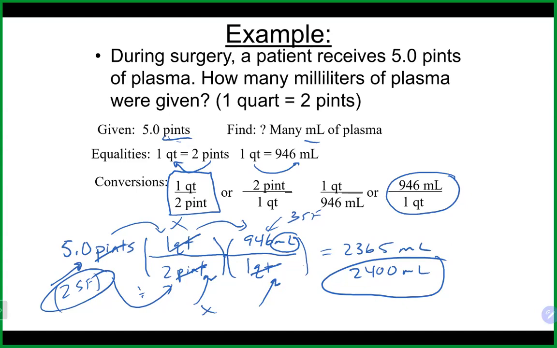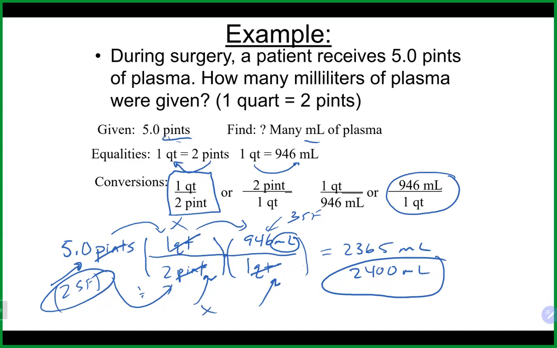So, you know, obviously we weren't able to say we're giving it like 5.0000 pints to start with, right? Which would give us a lot more significant figures at the end of the calculation. Because really that value a lot of times is sort of a measured value or the value that you're starting with, the one with the least is the one that really limits you. So you would still want to follow those rules. So obviously there is a difference, but it's really based on how good that first number is.